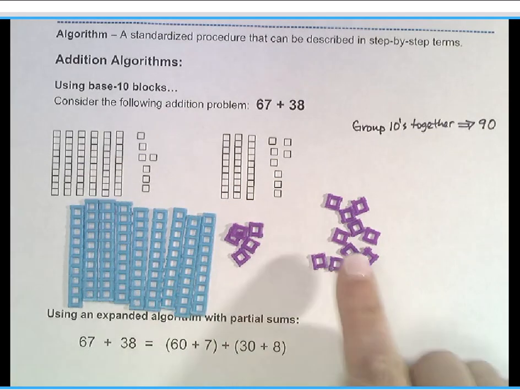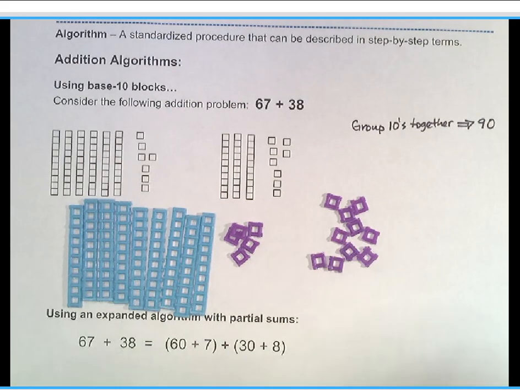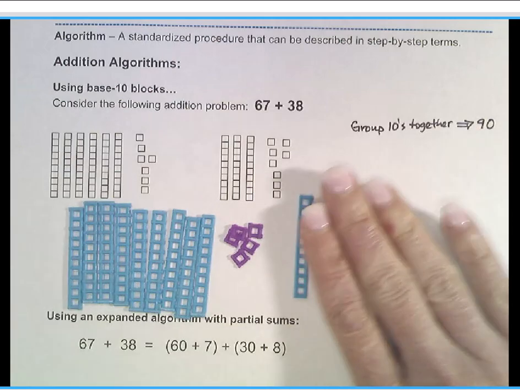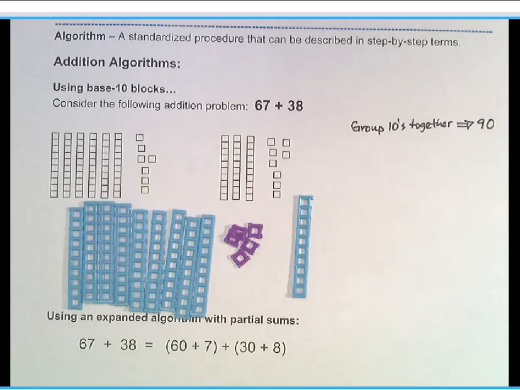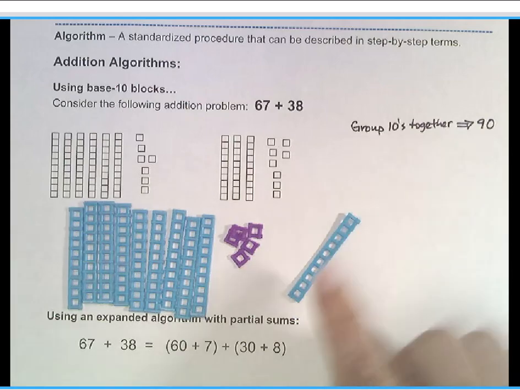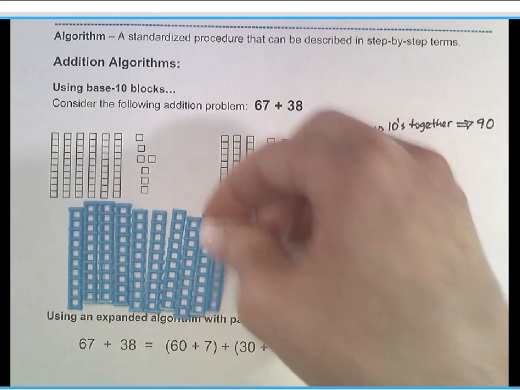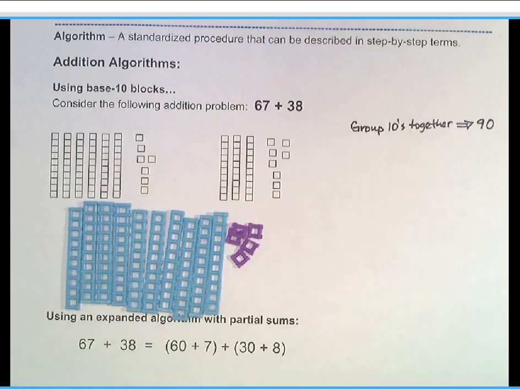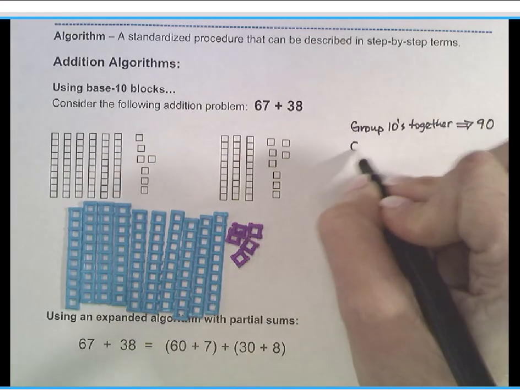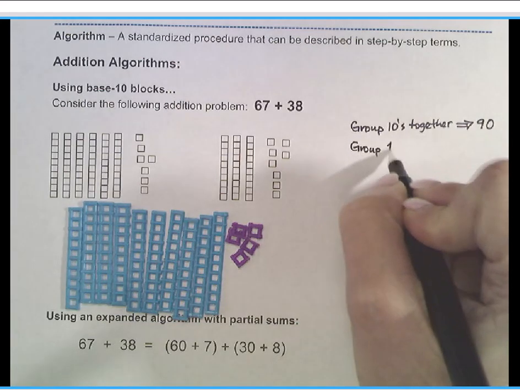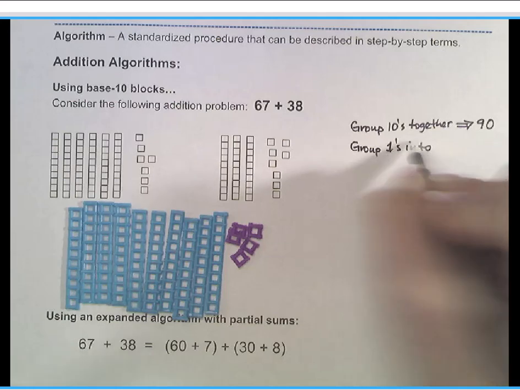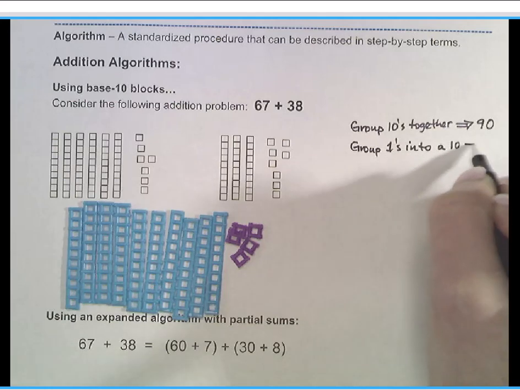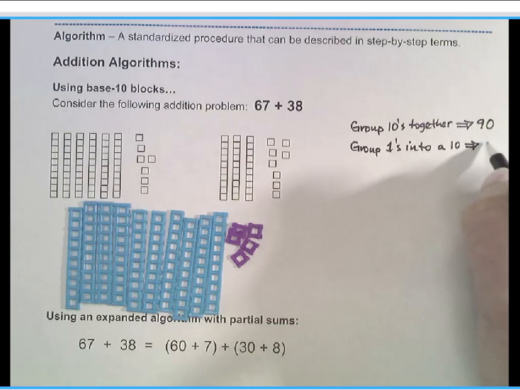So I'm going to trade out these 10 for this long right here. Push those off to the side. Now I have another 10 that I can put over here. So I group 1s into a 10.